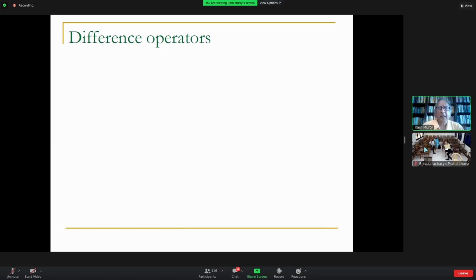Okay. One more idea that I need before we start the proof proper of Mahler's theorem is this concept of difference operators. You may already know that some sort of discrete version of the differentiation operator is what's called a difference operator. These operators are defined as Δ^n f(x) is simply the sum of n choose k, minus 1 to the n minus k, f(x plus k).